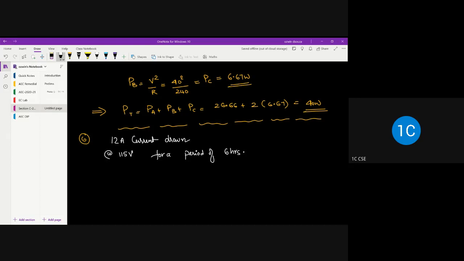If the electrical energy cost is rupees 2.5 per kilowatt hour, kWh, determine the cost of the boiler operation.